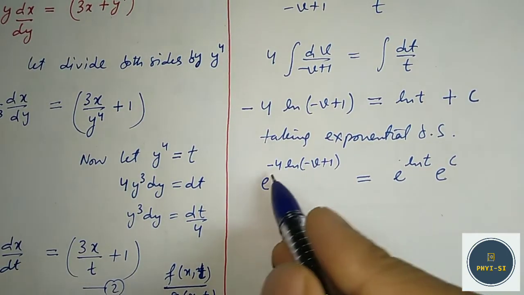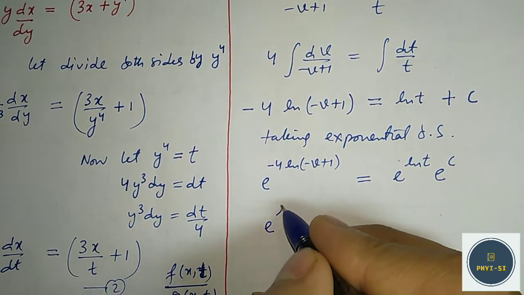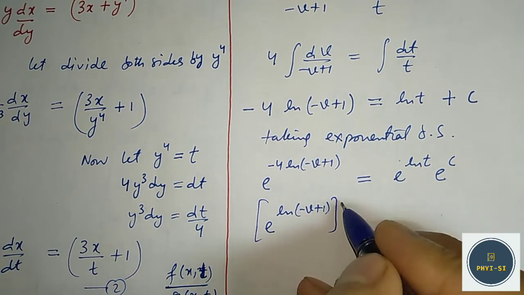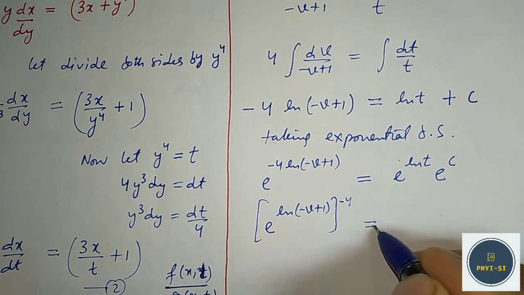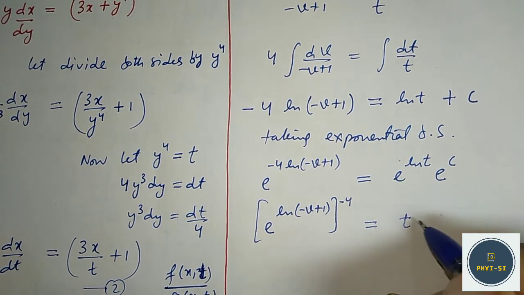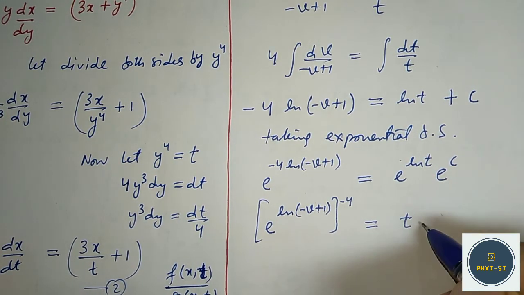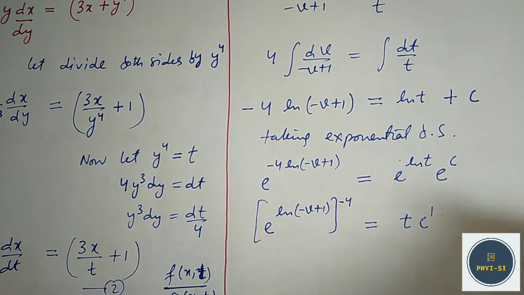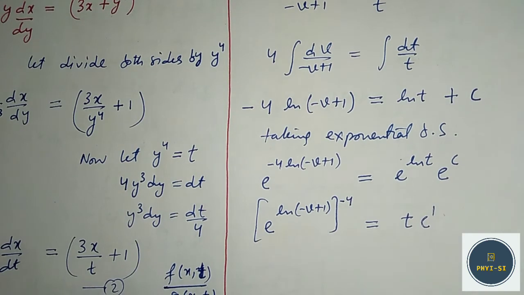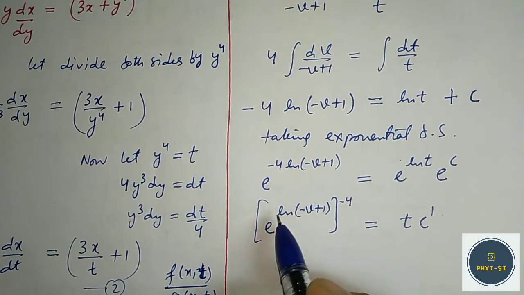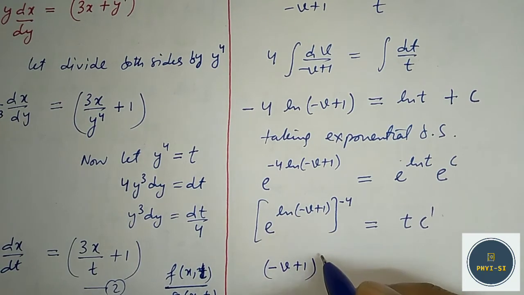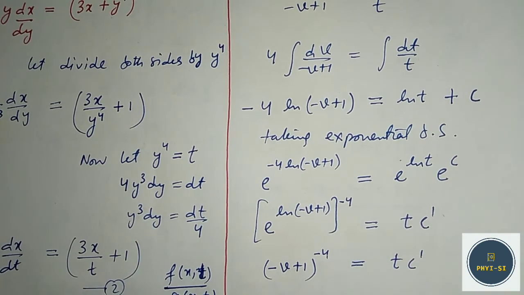We can write this as e raised to log of minus v plus 1 to the power minus 4 is equal to t, and e raised to power c is another constant c dash. And this can be written as minus v plus 1 raised to power minus 4 is equal to t c dash.